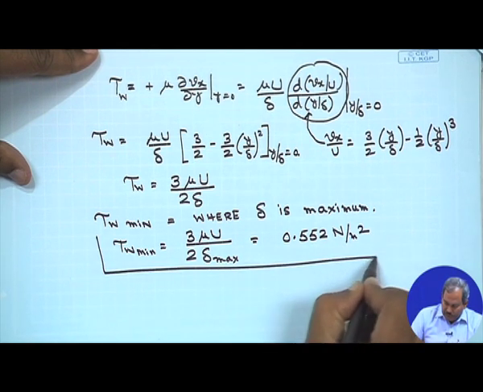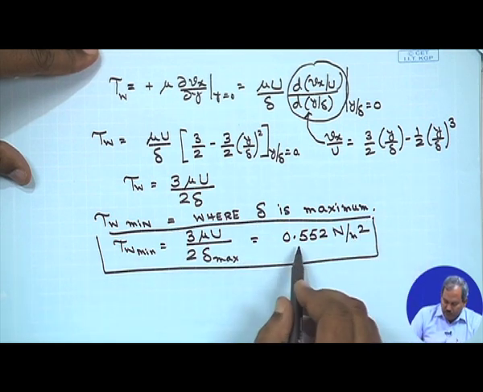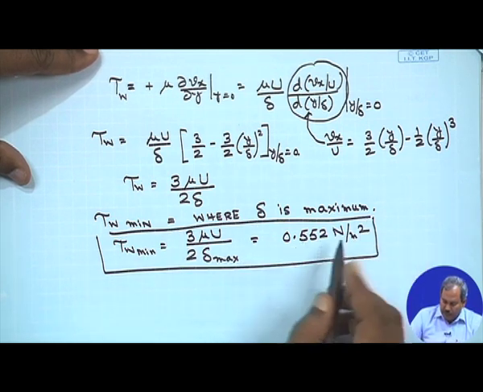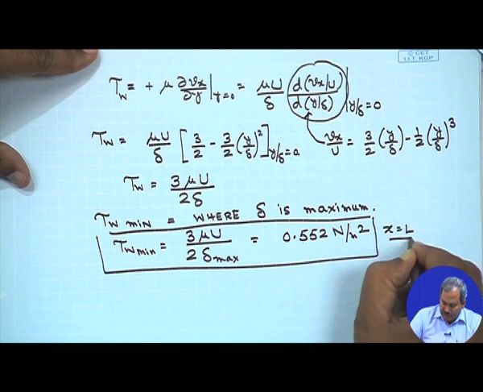Therefore the minimum value of the wall shear stress will be 0.552 Newton per meter square, and it would take place where x is equal to L.